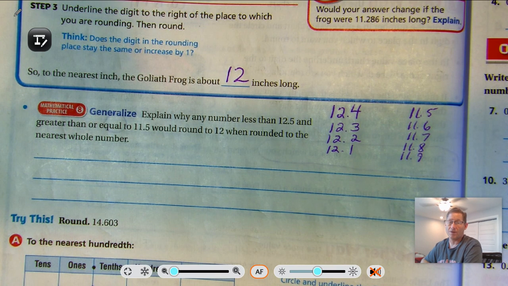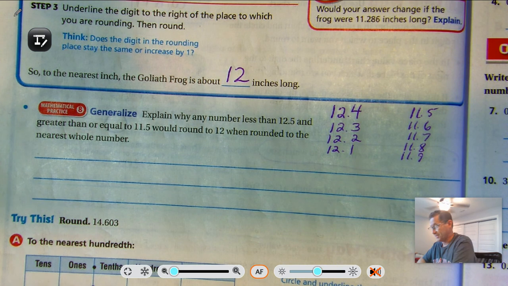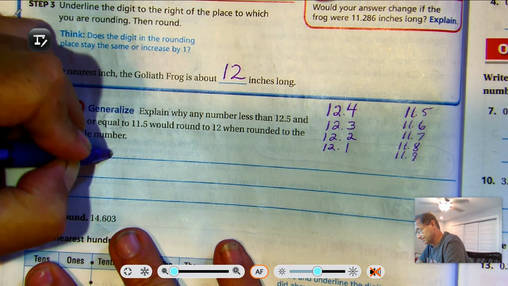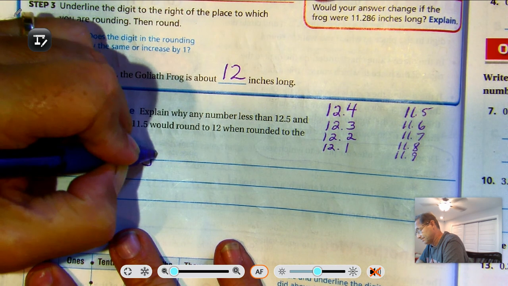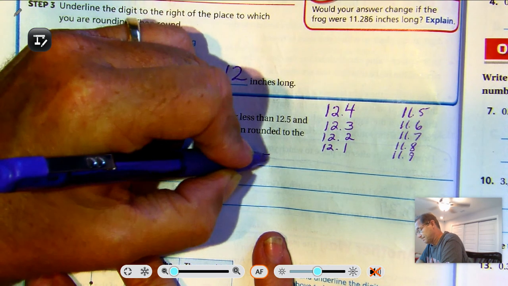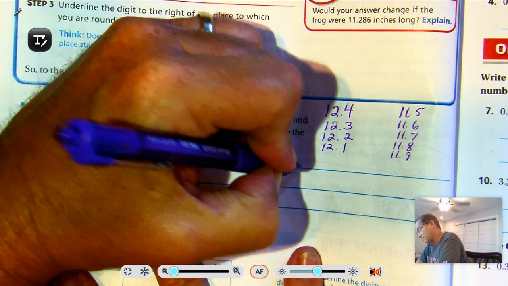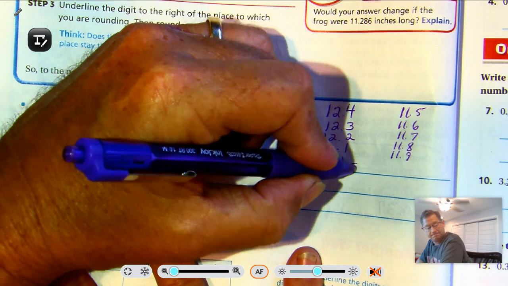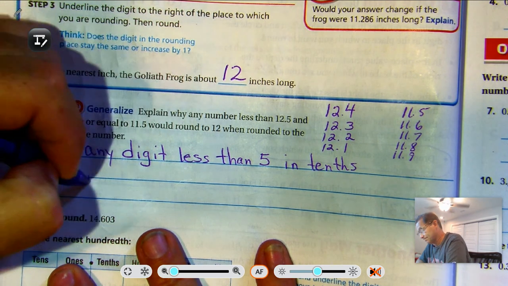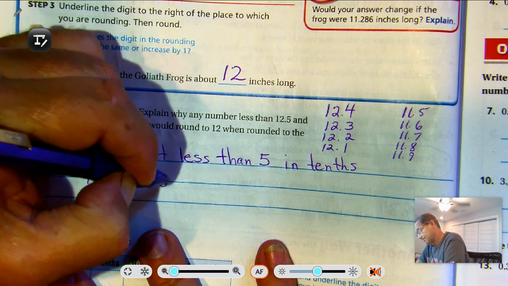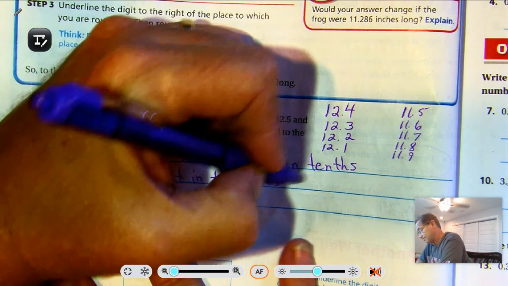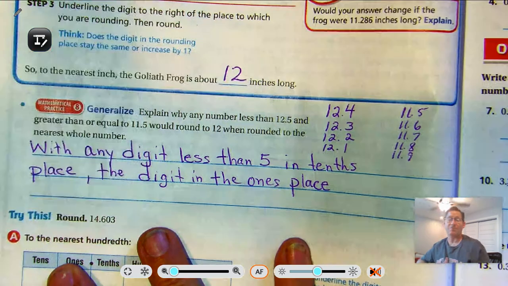Because it's based on the rules for rounding, right? Okay. So with any digit less than 5 in the tenths place, the digit would have to remain the same, right?